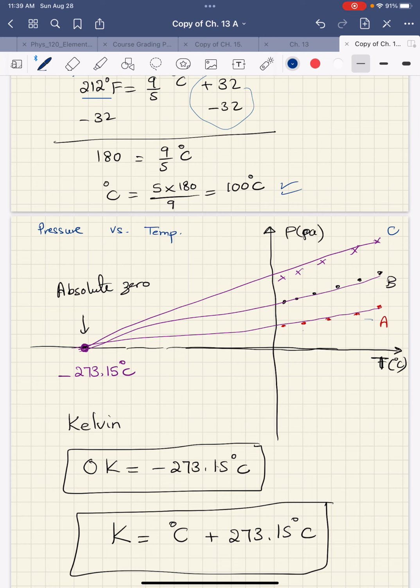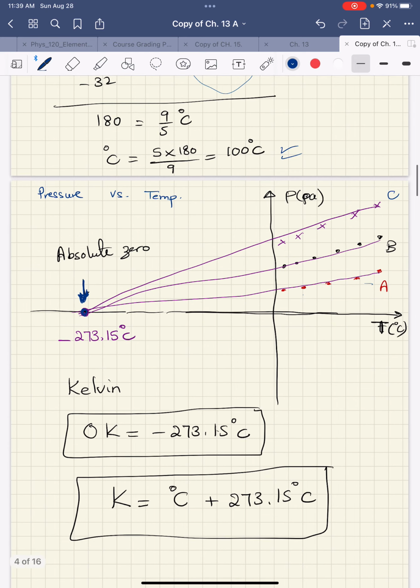Another study involved gas B, and we got these results, and then gas C, these results. These are different gases, but when we extended the lines to cut the temperature axis, they really intersected at the same point, which suggested that we have something called absolute zero.